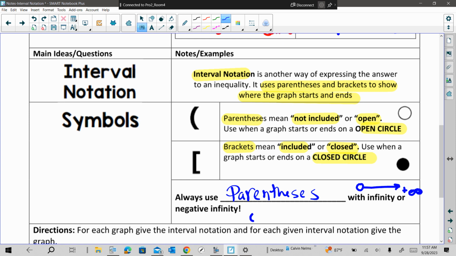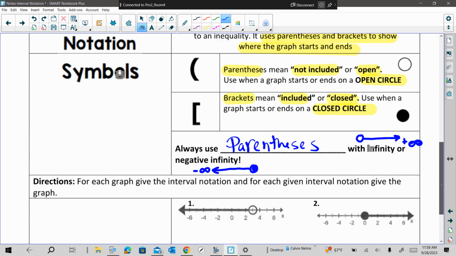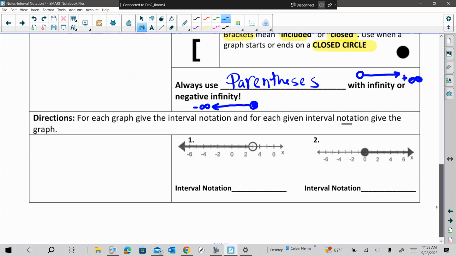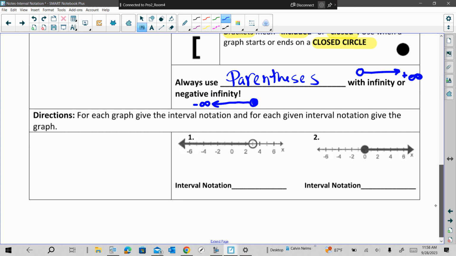If I have open or closed, it doesn't matter. But if the line of our solution is pointing to the left, that's negative infinity. Anytime I see or use infinity, so I have an arrow, we're going to use parentheses with that. We're just going to practice doing the interval notation. I'm going to give you the graphs, and we're going to come up with the notation.